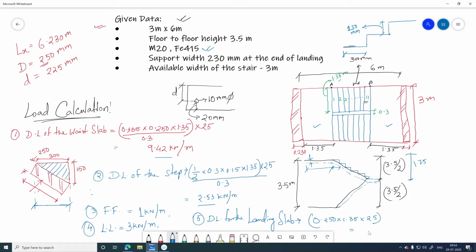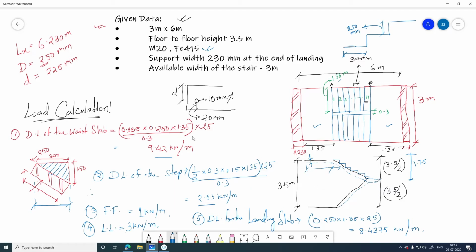So in this way you can determine, so the value that we get 8.4375 kilonewton per meter. So now we have determined all the loads for our staircase.